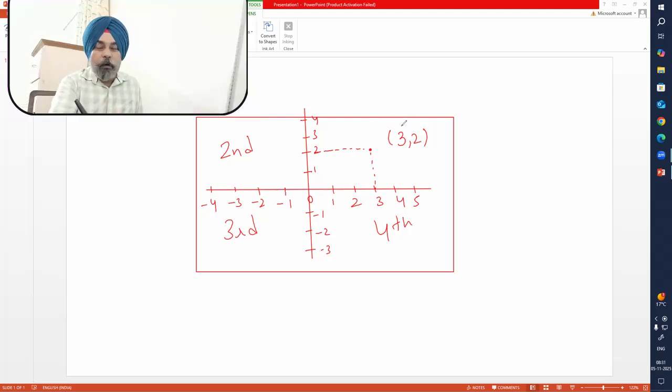So what do we call this? And what do we call this? We call this the abscissa. I think I wrote it down wrong. And this is called the ordinate.